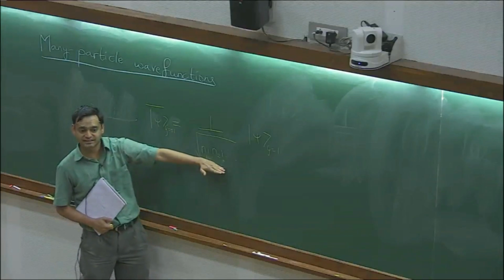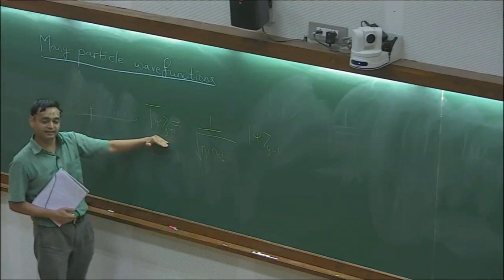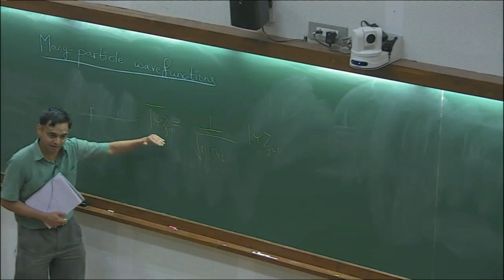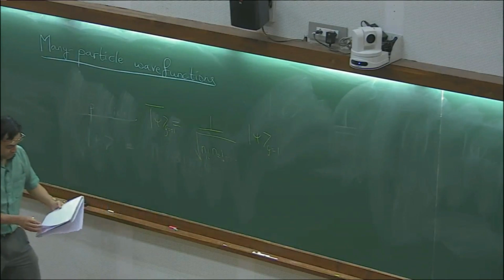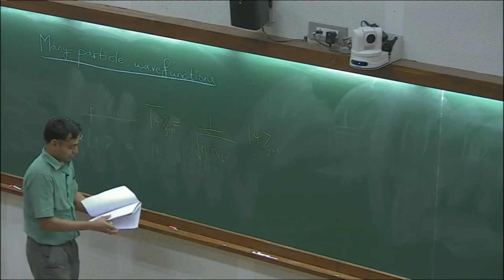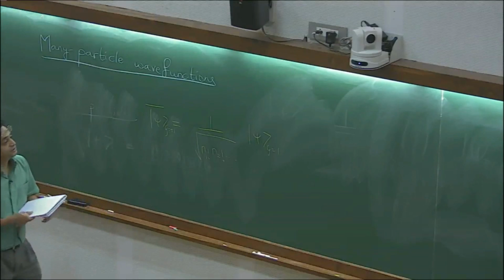I have to put in this extra factor and then it's a correctly normalized bosonic state, right? Okay. So now let's do the next step.